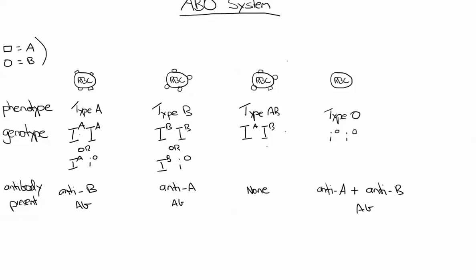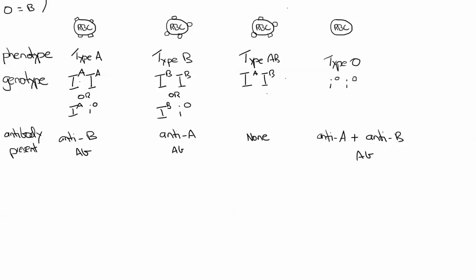So now, if we just move down, we're going to consider what happens when we transfuse blood from one person into another. So let's consider where we have a type A red blood cell, or we're taking blood from a type A person and we're giving it to a recipient. If we give it to a type A recipient, then everything is really perfect. The blood comes from the same type as the person it's going into, in terms of the ABO system, so there's nothing wrong.